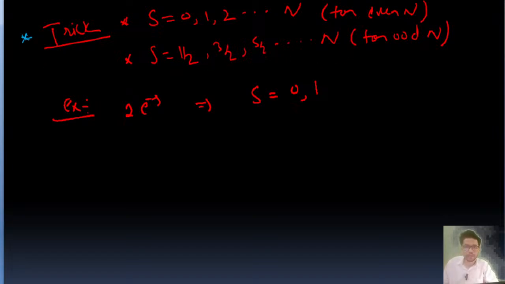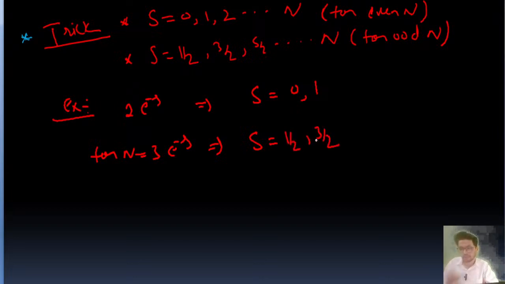Okay, so in that case S value is going to be 0, comma 1, right, for two electrons. Similarly for n equal to 3 electrons, S value is going to be 1 by 2, comma 3 by 2.